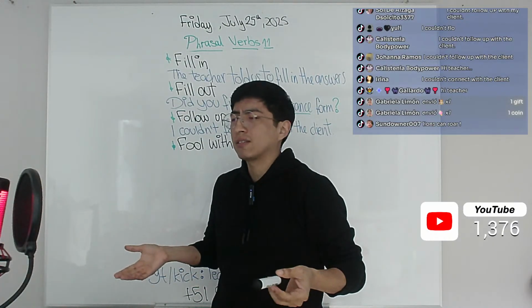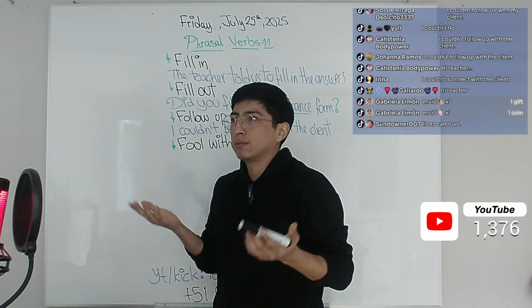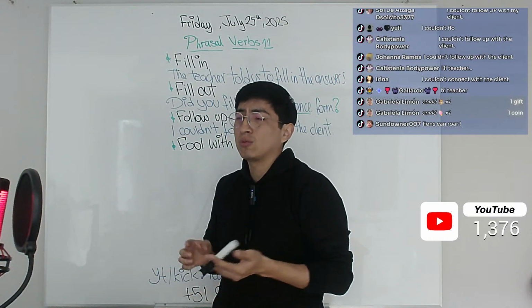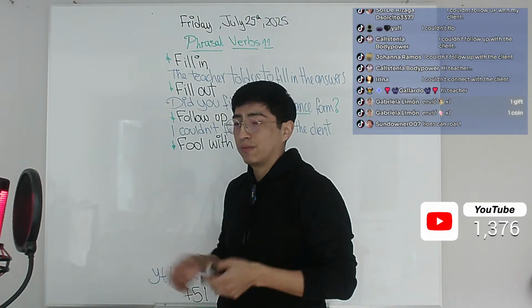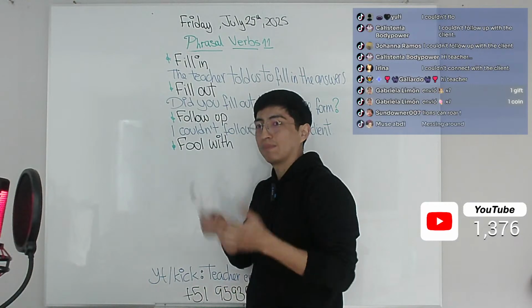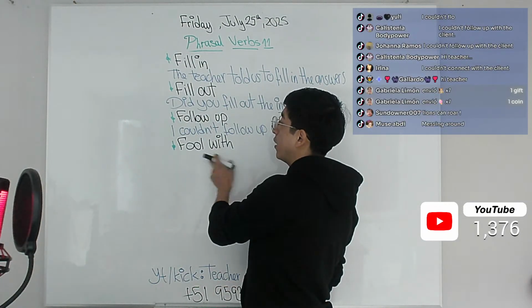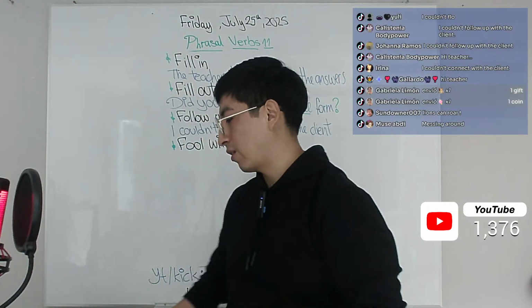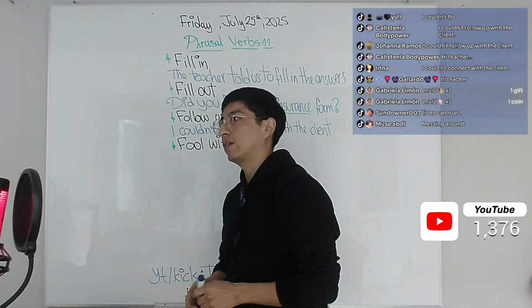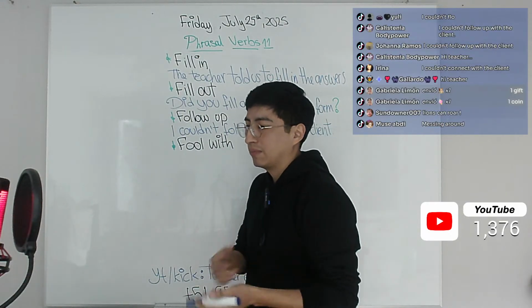Why are you doing that? Well, I'm a little bored and I want to have fun with something. I don't want to feel bored for now, so I want to play with this. In this case, we can use fool with, just to play with something, or maybe with a machine that you don't understand very well.